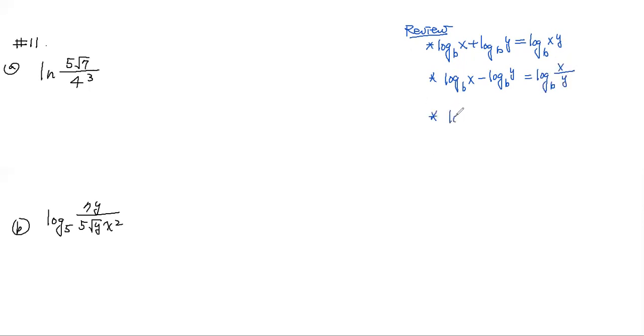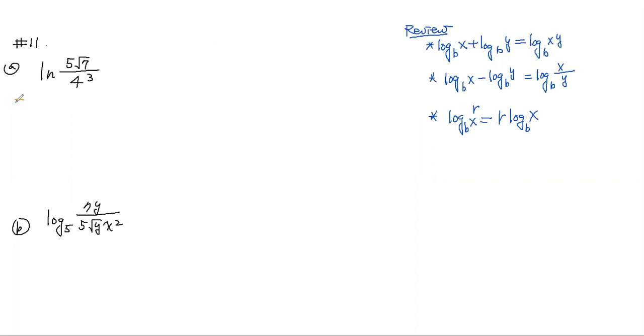And then the next thing: how about if you have an exponent r? The log function has a good property. You can take this r out and it becomes multiplication in front of the log base b of x. Okay, so now let's take a look at how we solve this one.